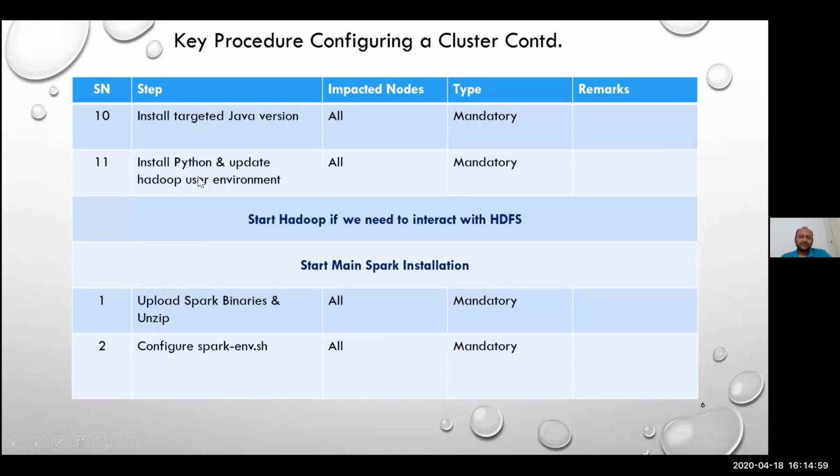Now, as Spark supports a few languages, you know, Scala, Java, Python, and R, we will be using Python. So definitely we need to install Python. Whenever you install CentOS 7, you will get Python 2.7.